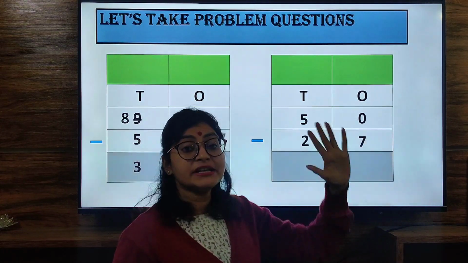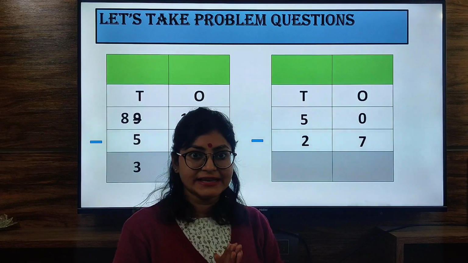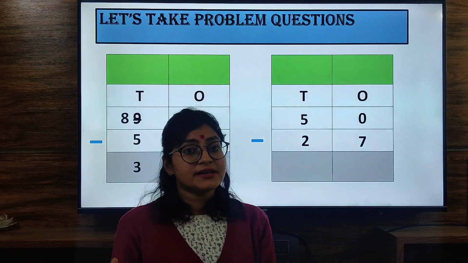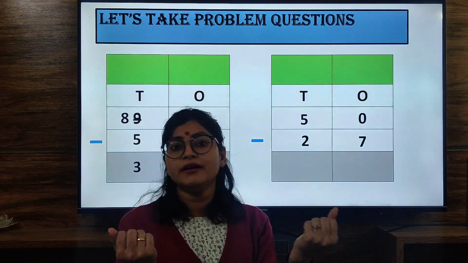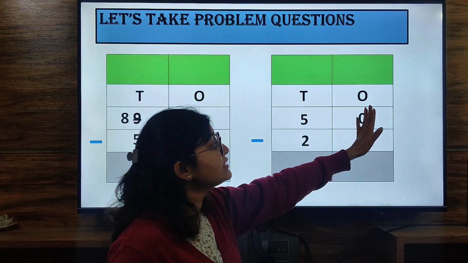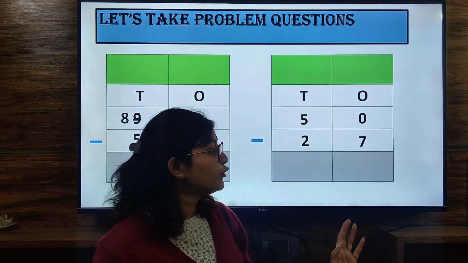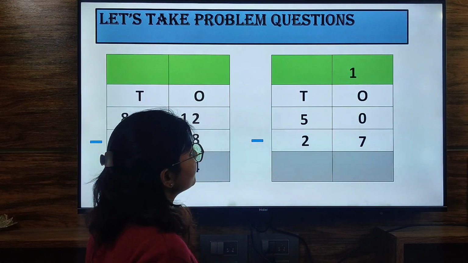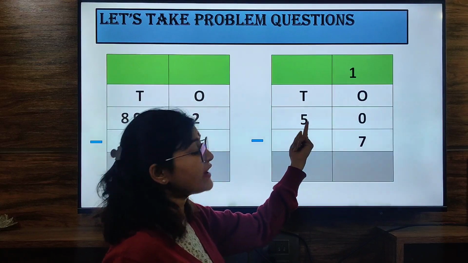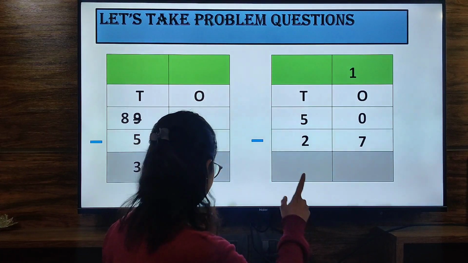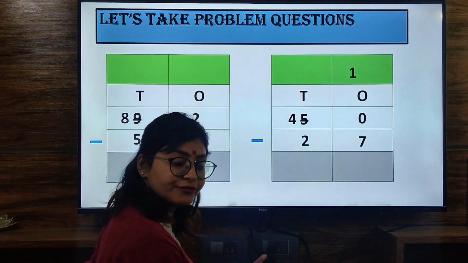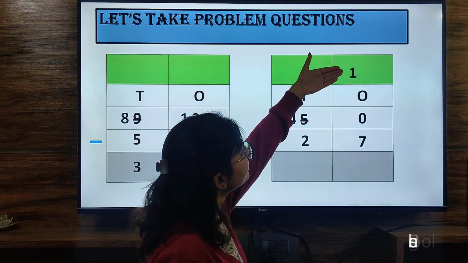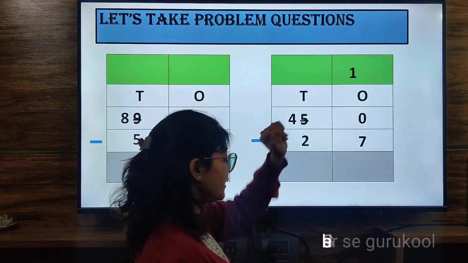Again, because 0 is a smaller number than 7, can we subtract 7 fingers from 0 fingers? No. So again this 0 will borrow 1 from 5. Now, because 5 has given 1 to 0, this 5 will become 4. Now for our convenience, as we have done earlier, we are writing this 1 here.